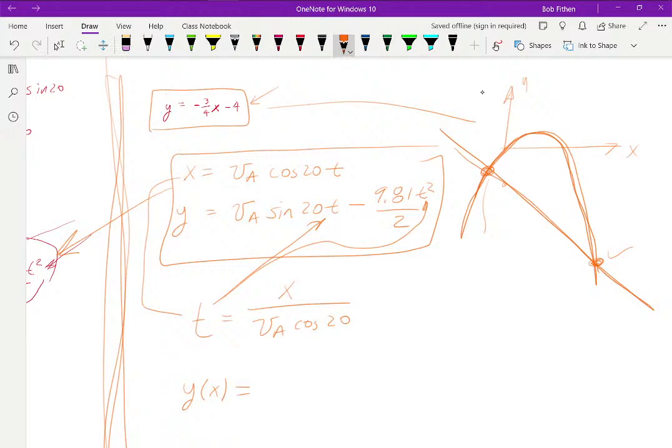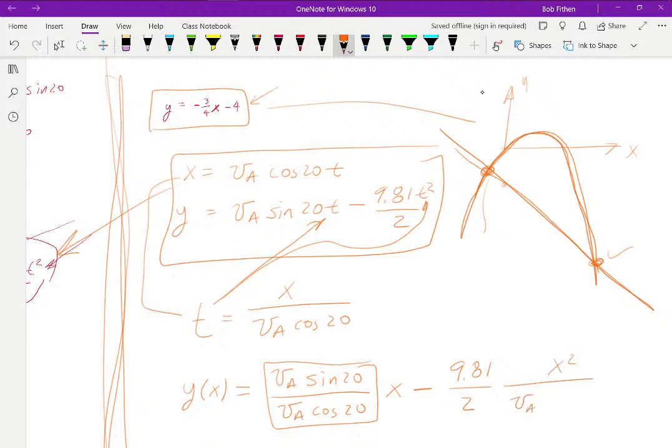And what I end up with is VA sine of 20x over VA cosine 20. This came from putting this together with this. And then I get minus 9.81. But then, and I can put a 2 here. And t squared, I get x squared over VA squared cosine squared 20.